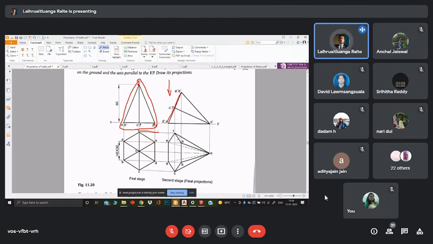As it topples, this base is going to be entirely visible, and these points are also visible. The only faces invisible will be the face that's sleeping on the ground and the ones directly adjacent to it.